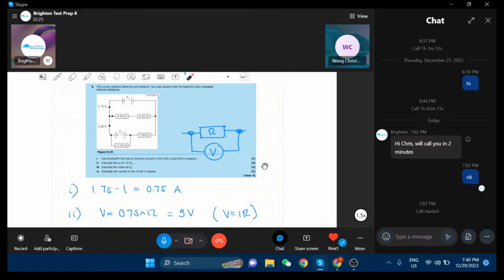When you look at it, you only have 1 amp here going, right? Yeah, so you have 0.75. So when you look back, when we said calculate the value of E2, what did you consider at that time?